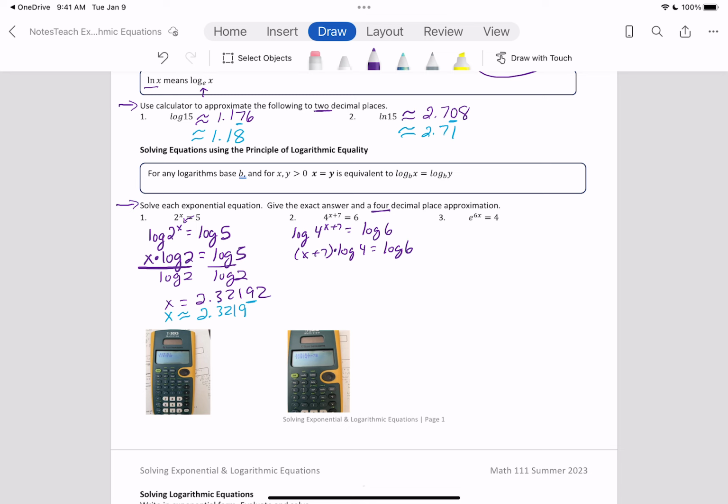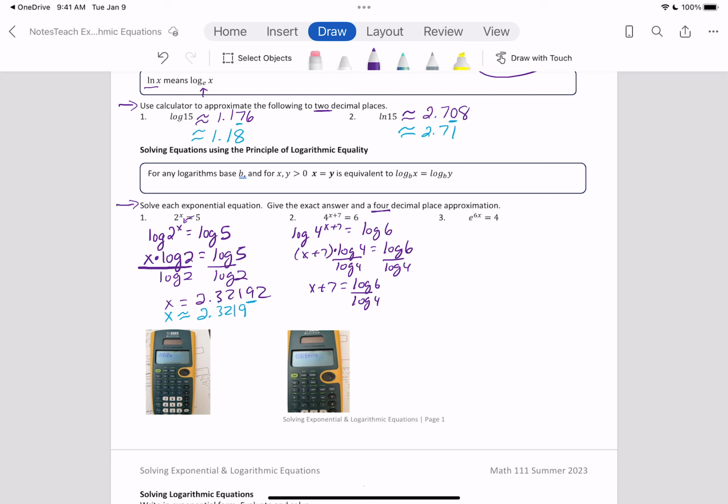And then this is a multiplication. It's that expression times log 4. So I can divide both sides by log 4. And that leaves me with x plus 7 equals log 6 over log 4.